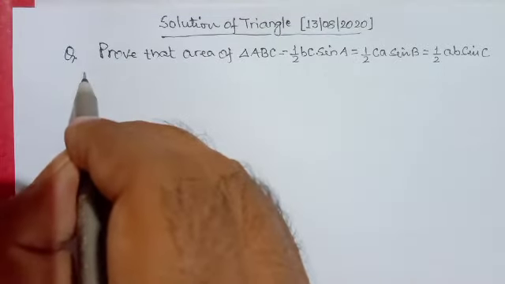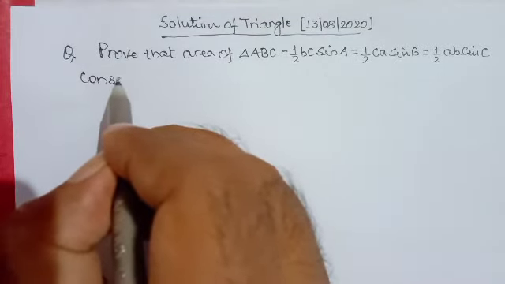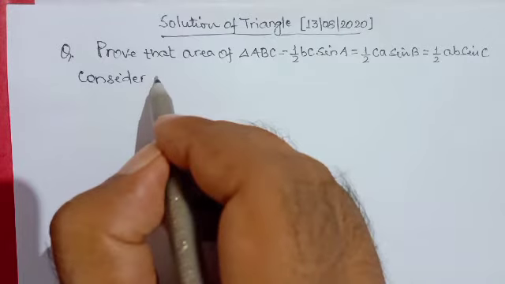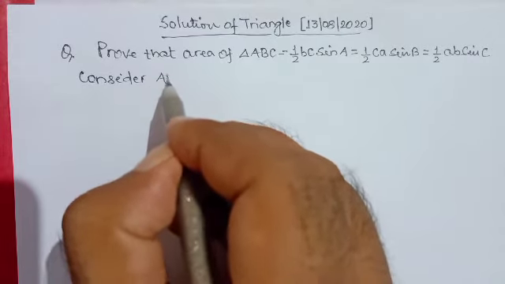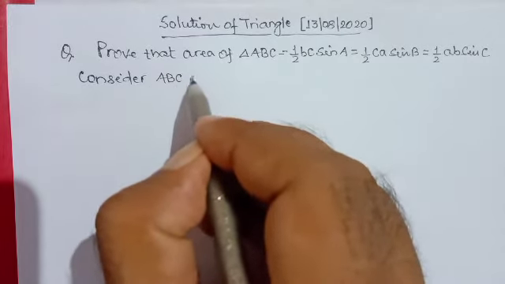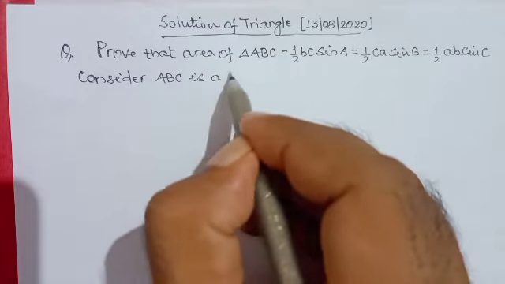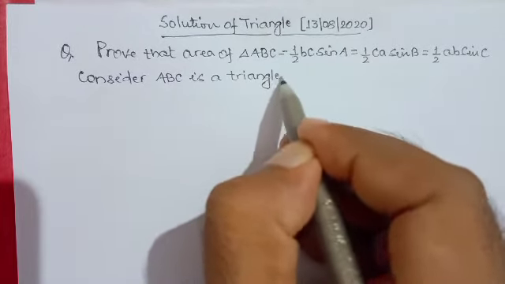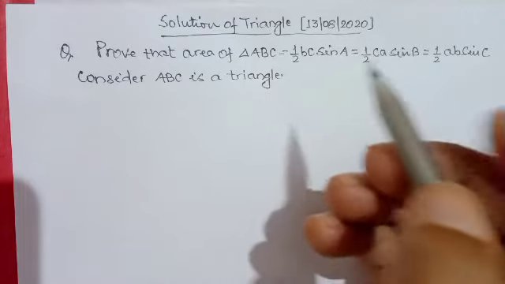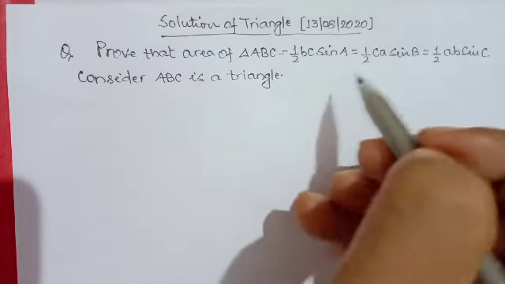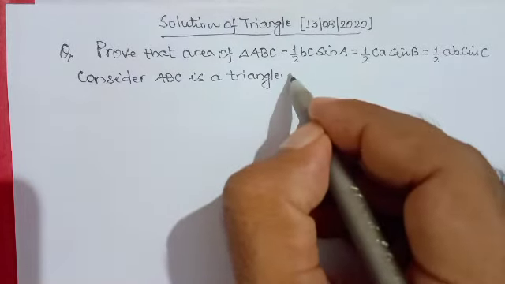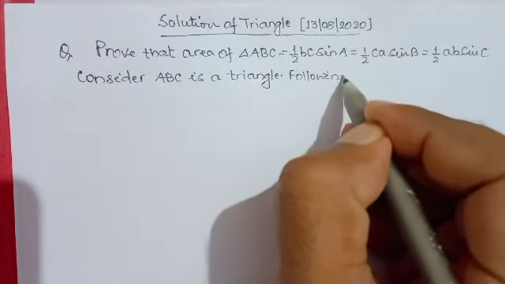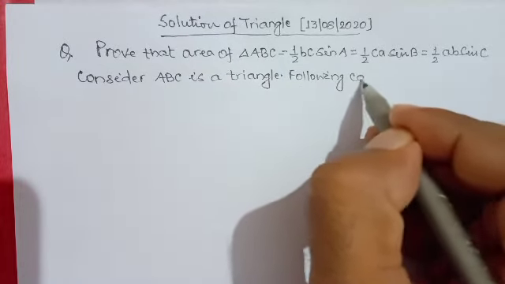Consider ABC is a triangle. First of all, let us consider ABC is a triangle. Then a few cases will arise.